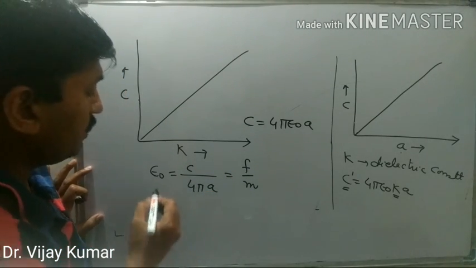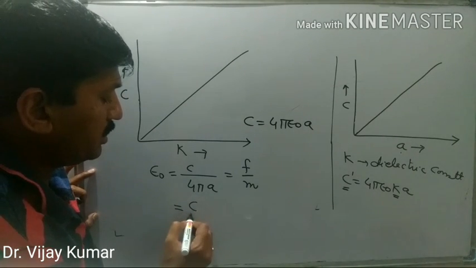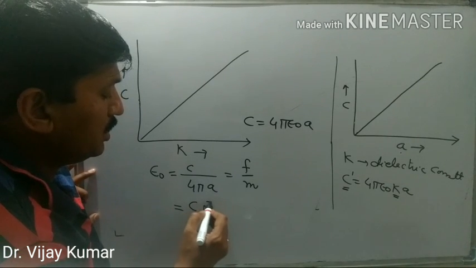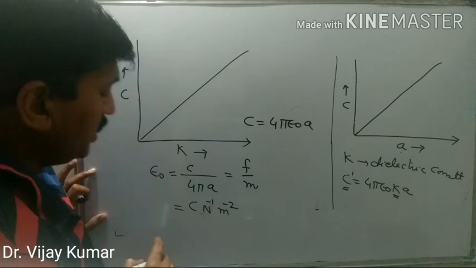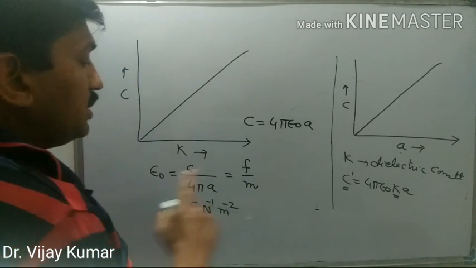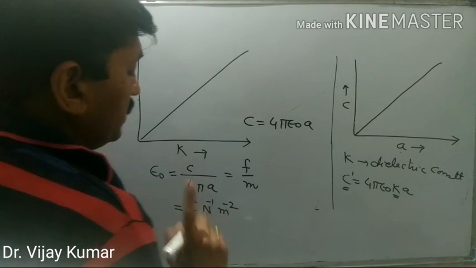While in the previous formula the unit we have written is coulomb square per Newton per meter square. It means we have two units of permittivity, farad per meter and coulomb square per Newton per meter square.